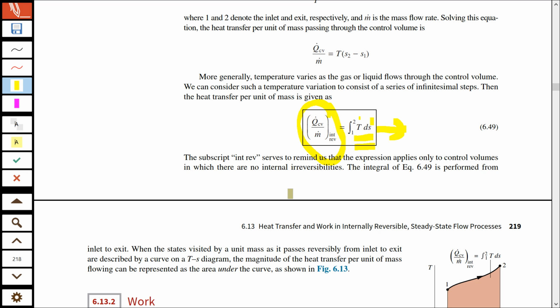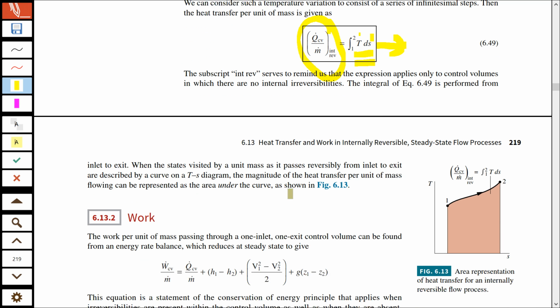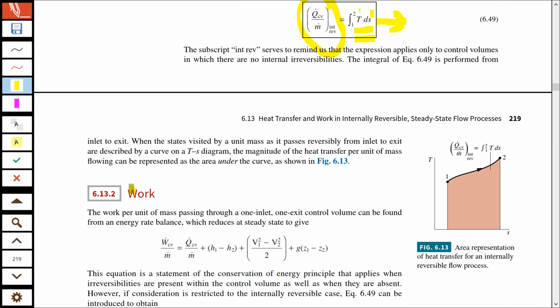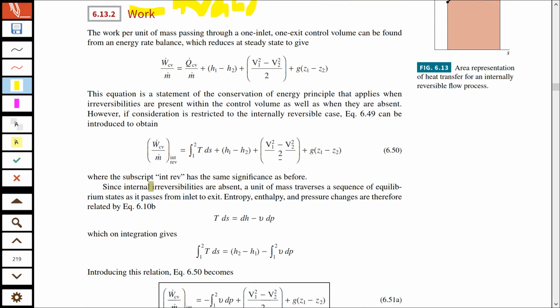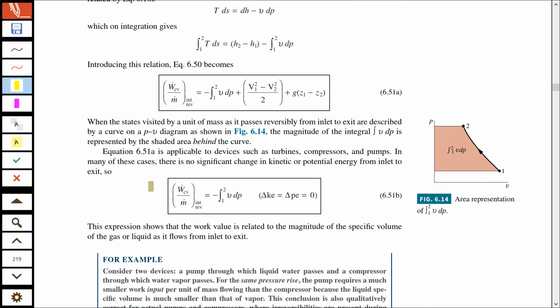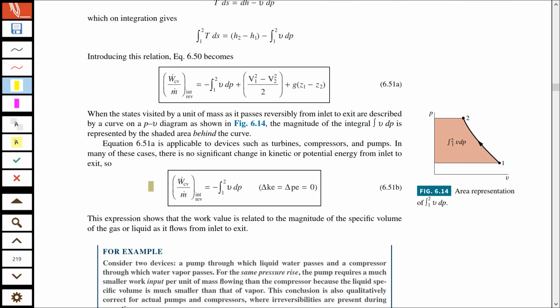You associate temperature and entropy with heat transfer. But when you want to write similar expression for work transfer, now work is organized form of energy transfer. You would not like to see entropy there. So you express entropy in terms of quantities.